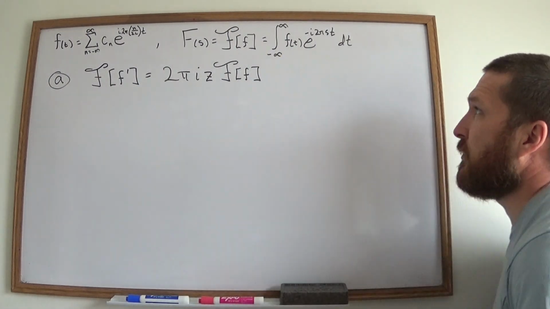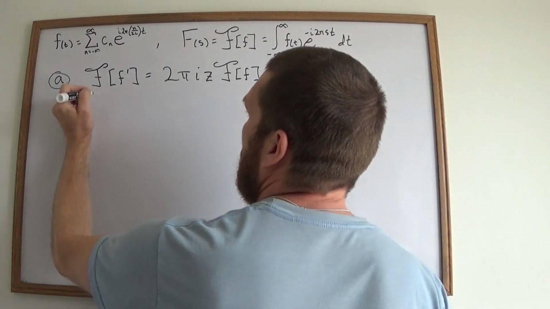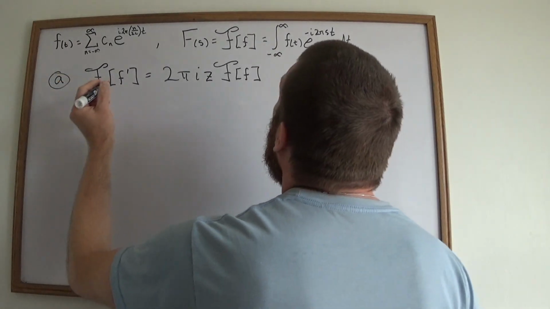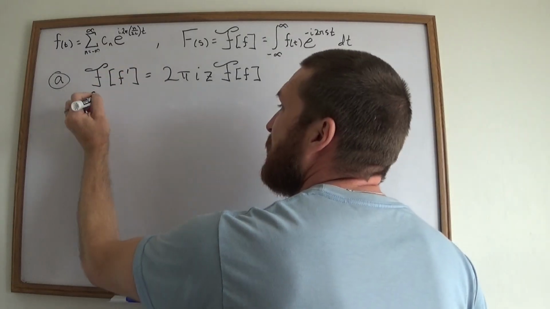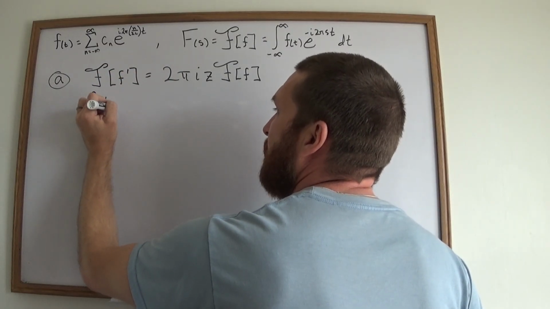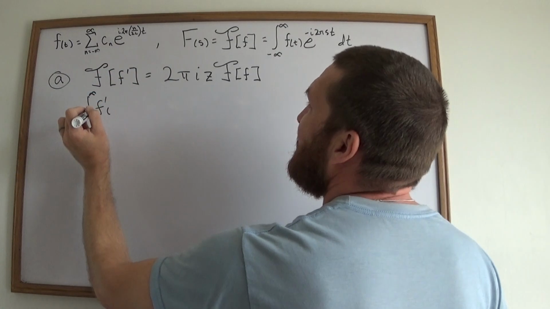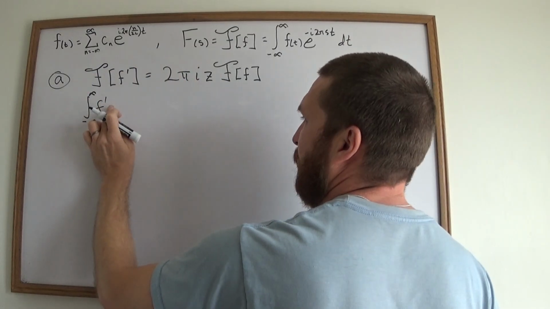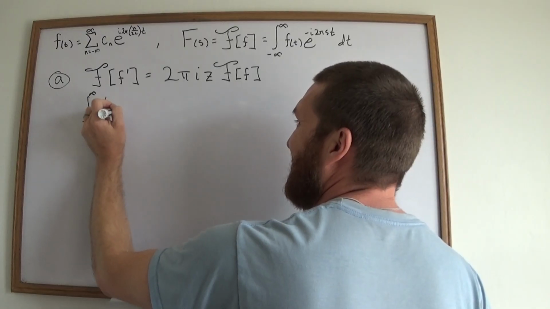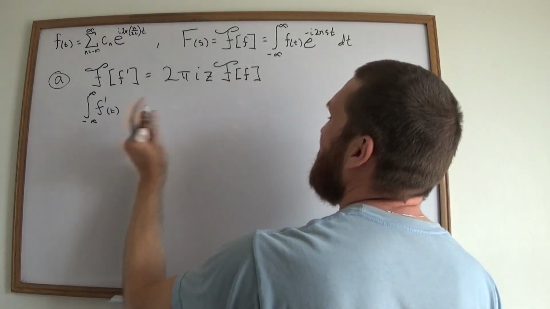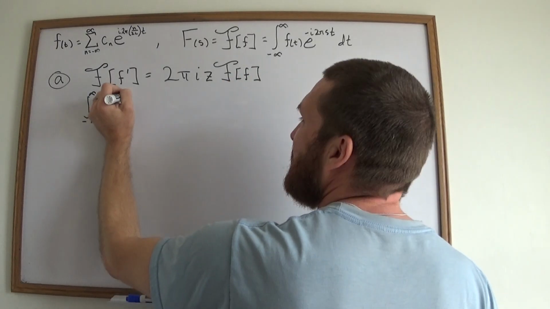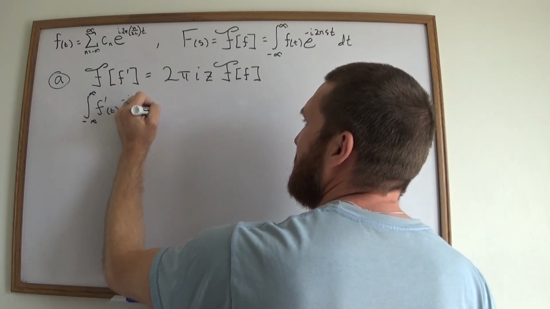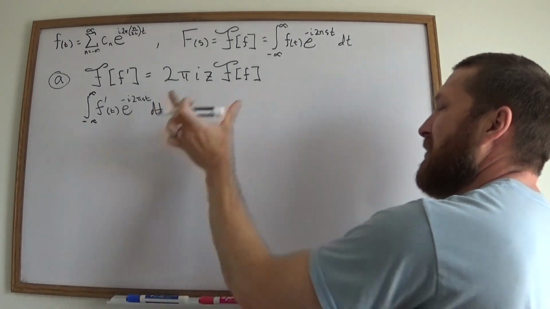So the Fourier transform of f prime is the integral from negative infinity to infinity of, now instead of f, it's just f prime of t, and we're using s here, e to the minus i 2 pi st dt. And we need to somehow change that into there.